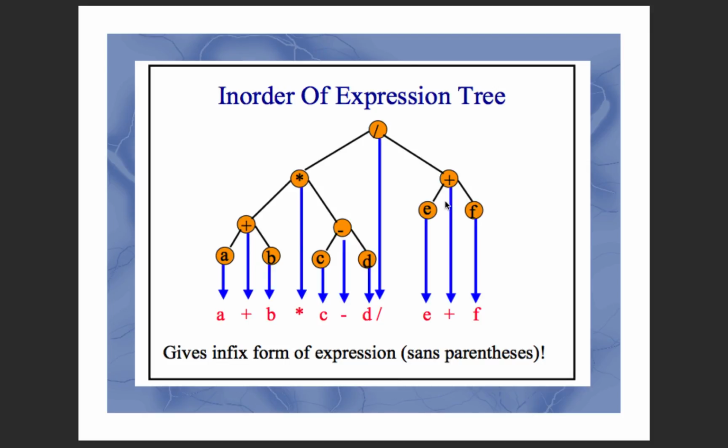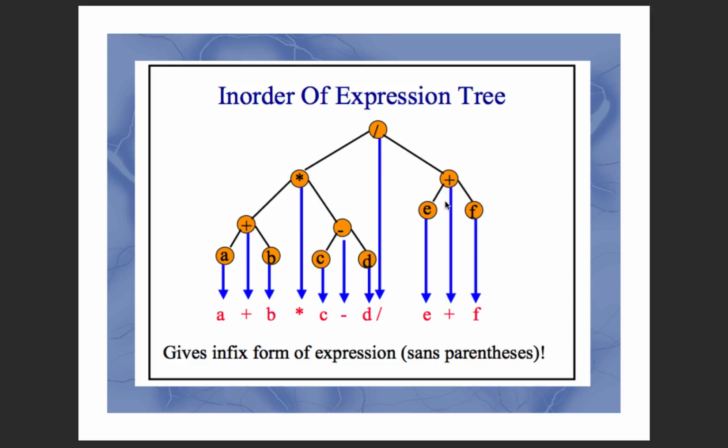Now in order arithmetic expressions. We have seen in our pre-order that using the pre-order way, we can print the prefix of an expression, and similarly we can print infix expressions using in order traversing.